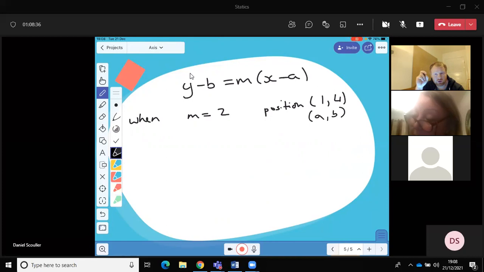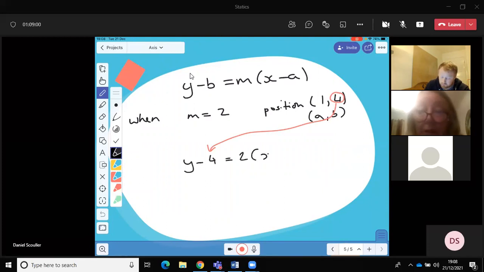We've done substitution before, but maybe not written out like this. So y minus the letter b, which is 4, equals m, which is the number 2, bracket x minus 1. Now it's just a case of solving it.